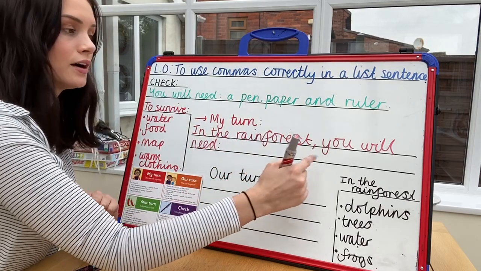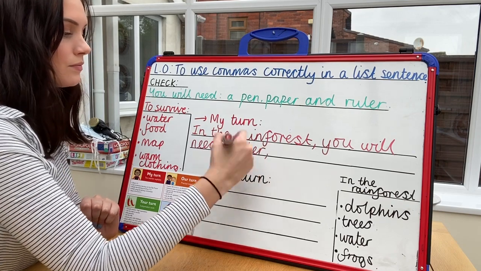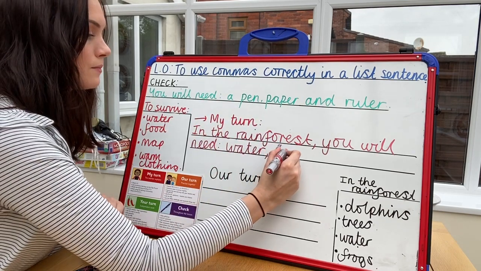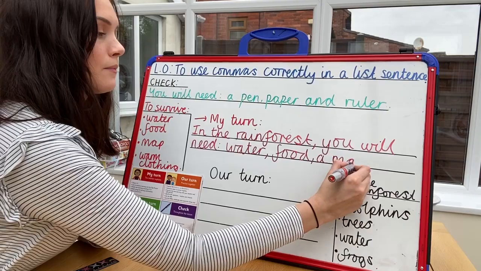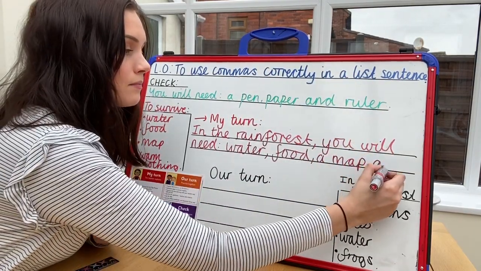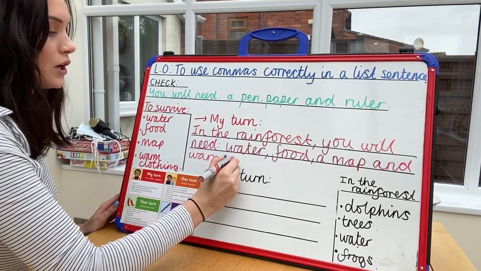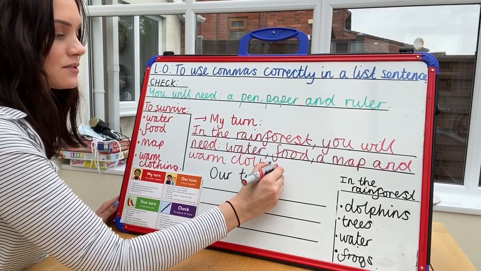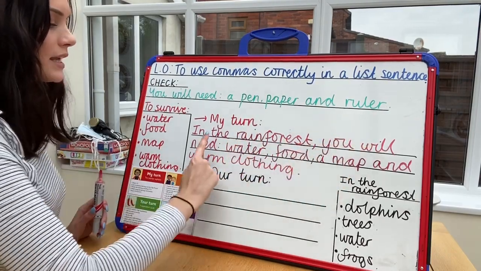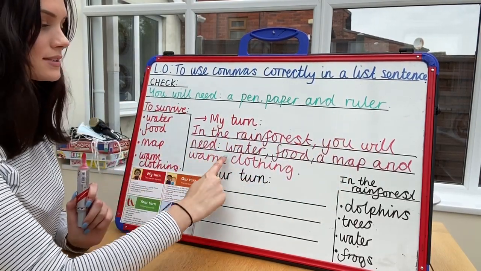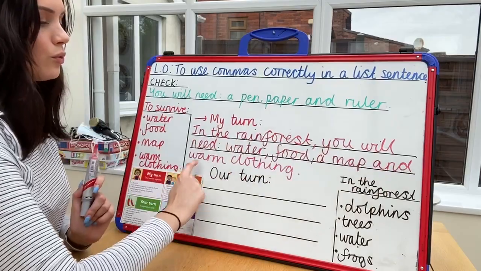In the rainforest, you will need water, comma, food, comma, a map, comma, and final one, warm clothing. So, as we always do, let's read it back and make sure it makes sense. So, in the rainforest, you will need, colon, to introduce my list, water, food, a map, and warm clothing.